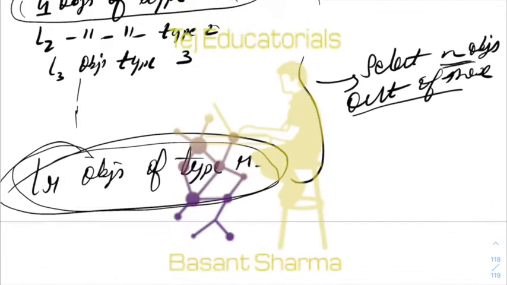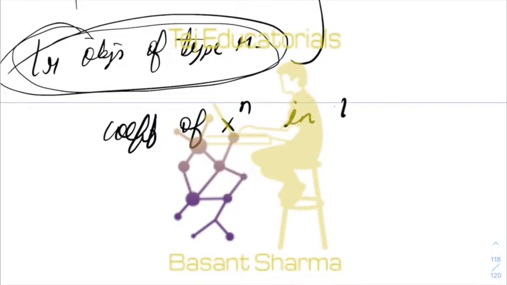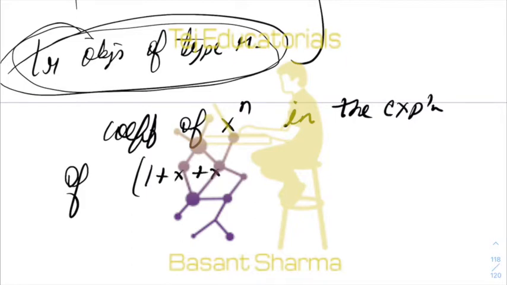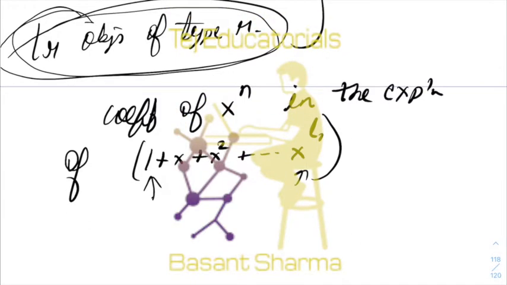That is nothing but the coefficient of x to the power n in the expansion of (1 plus x plus x square, so on till x to the power L1), because for the first object the minimum that you can take is 0 and the maximum is L1. If the minimum is 1, then you start with x and remove the first term.